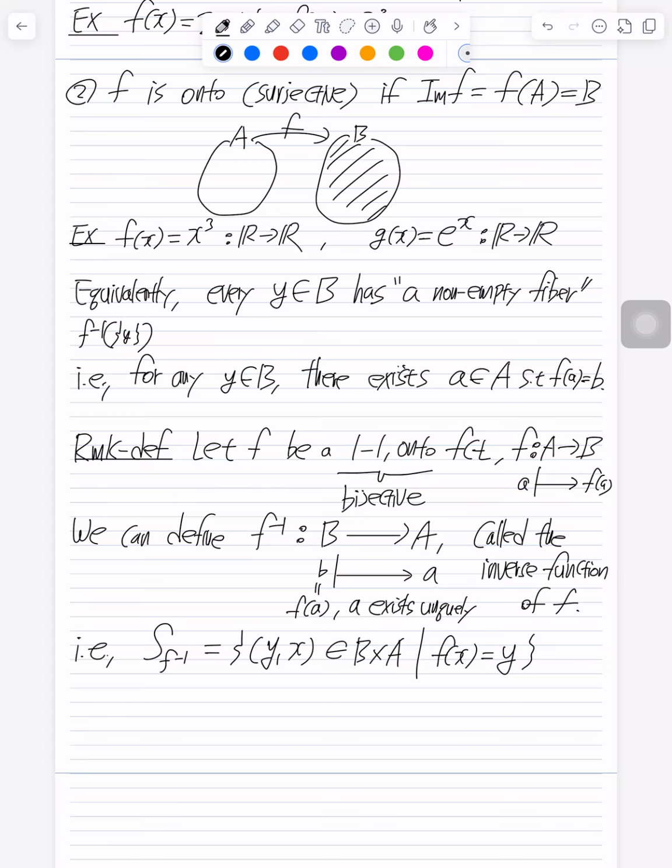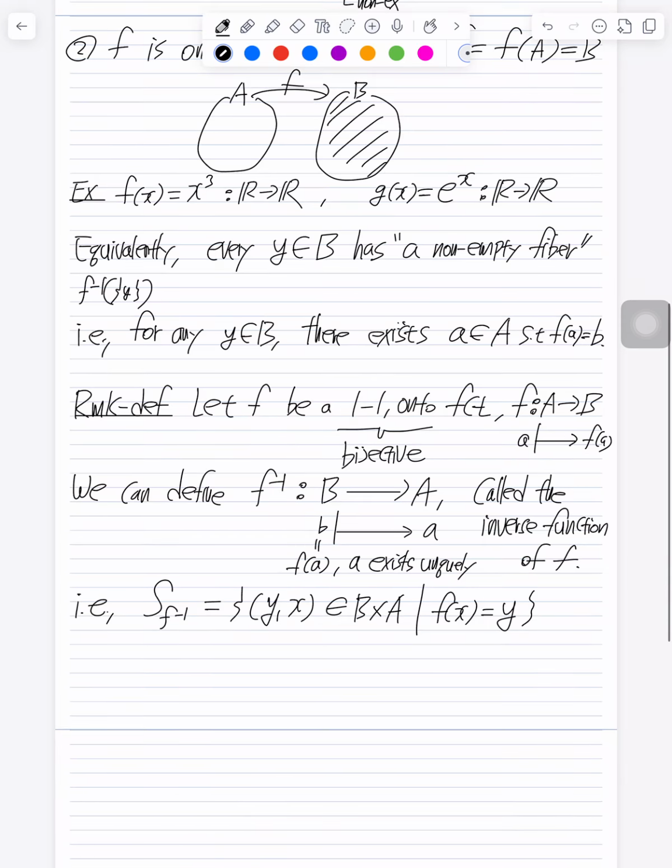So intuitively speaking, bijectivity pairs the sets A and B perfectly. For each element a in capital A there exists a unique f of a, and for each element small b in capital B, there is exactly one element in A such that the function value equals b. So hence we can define the inverse by reversing this pairing.